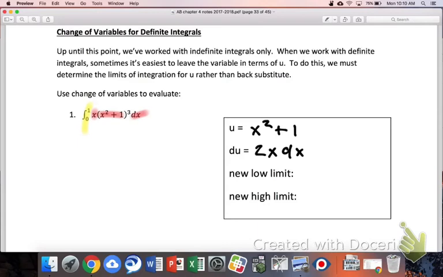Think back to what a definite integral is. It's an infinite sum. How do the limits play into the whole infinite sum area thing, right? How do limits play into that? They're x values, and what are the x values bounding?